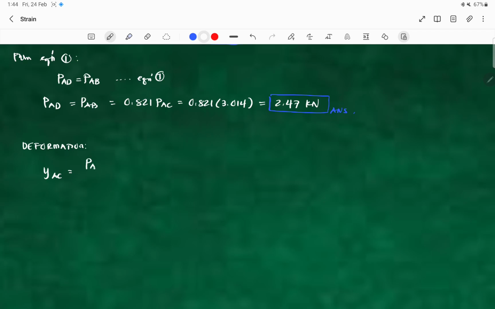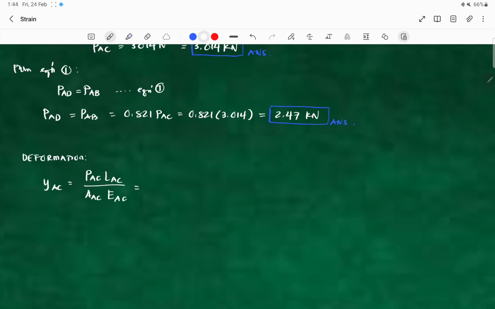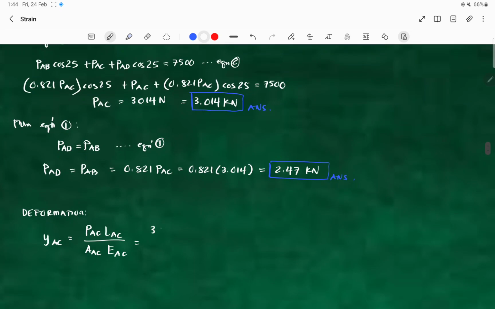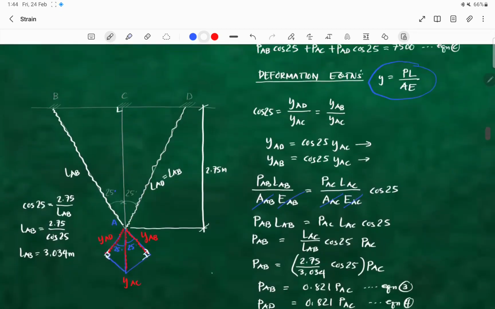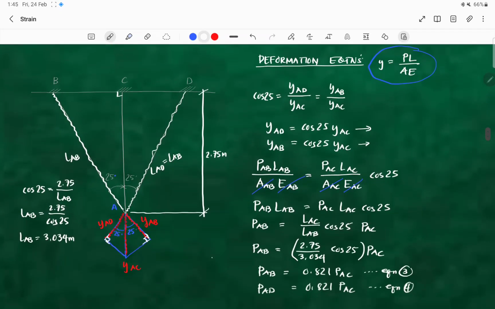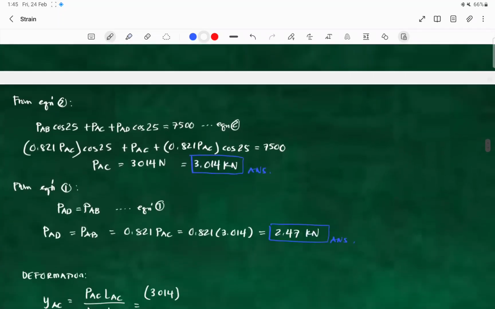So, yung gagawin lang natin is we have this force EC, length ng EC, cross-sectional area ng EC, tsaka yung elastic modulus ng EC. So, yung force ng EC, we have 3014 Newton multiplied by yung length ni EC. Diba ito yun? Length ni EC is 2.75 meters.